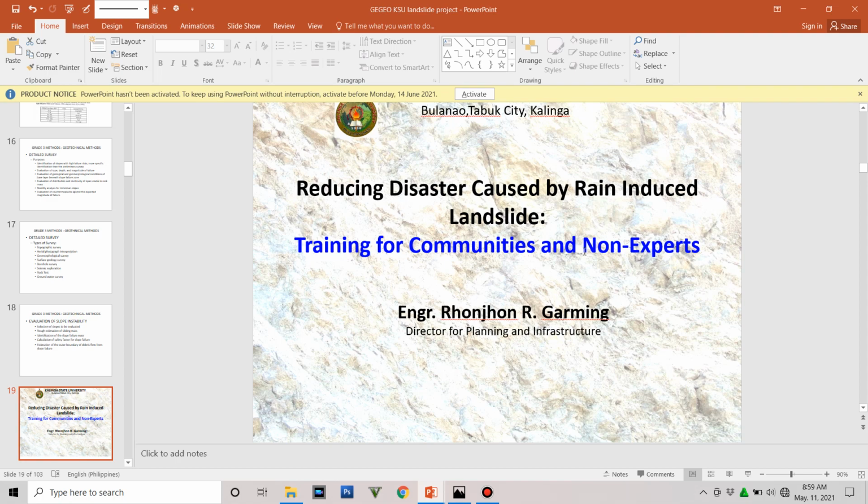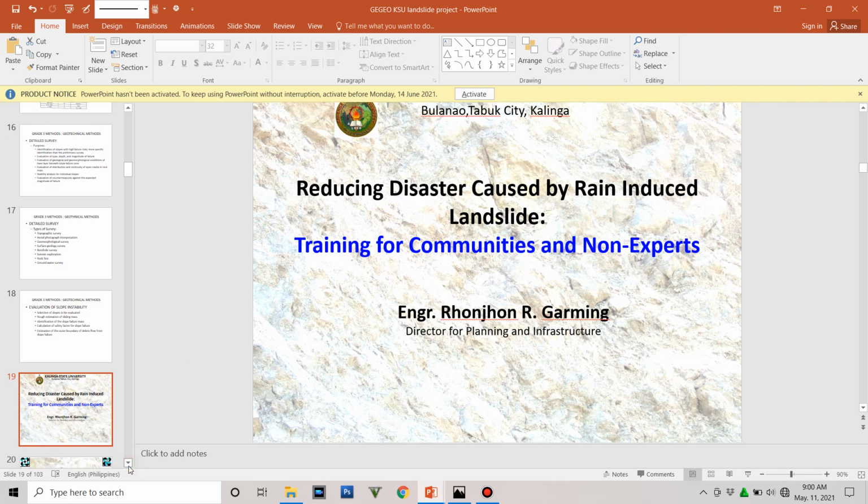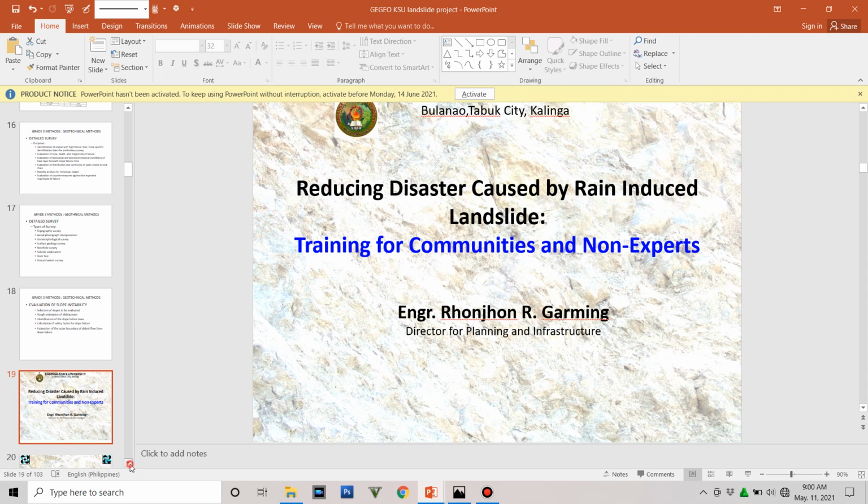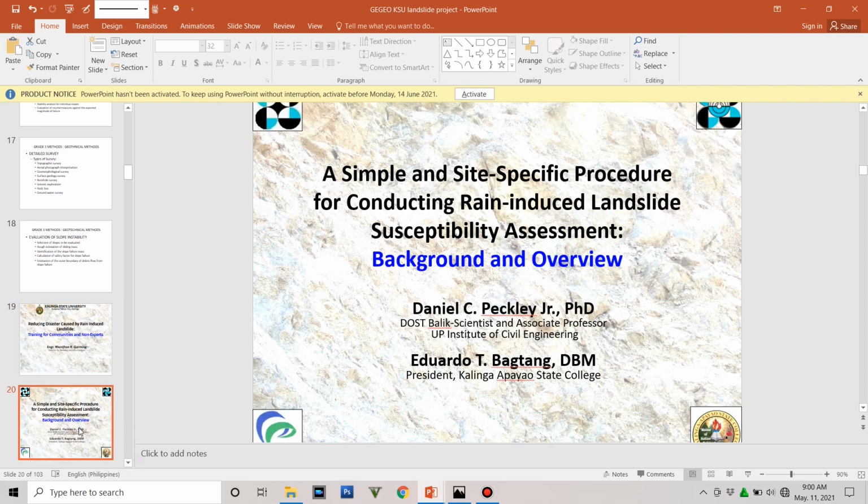When we say non-experts, they do not have technical knowledge on landslide assessment. So this procedure is a simplified version of the complexity of landslide susceptibility assessment. It was developed in 2009. The title is a simple and site-specific procedure for conducting rain-induced landslide susceptibility assessment.